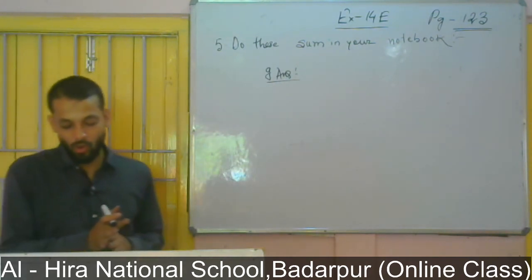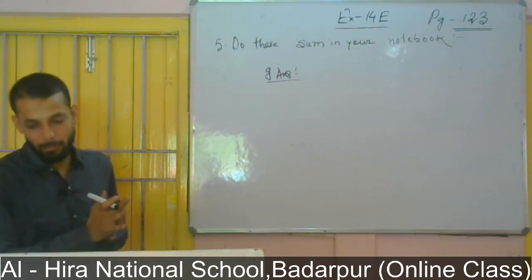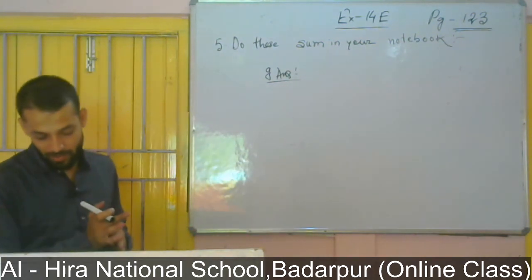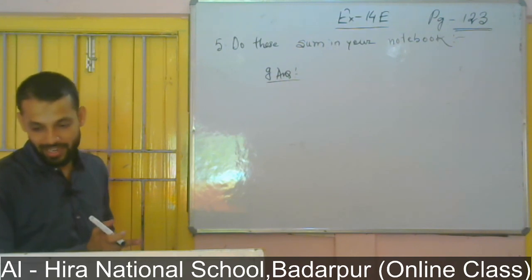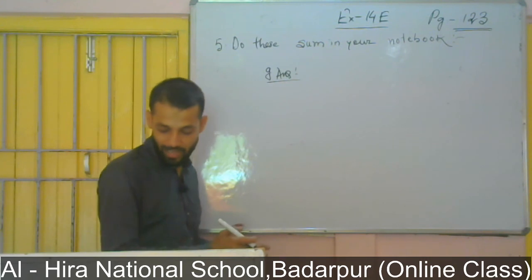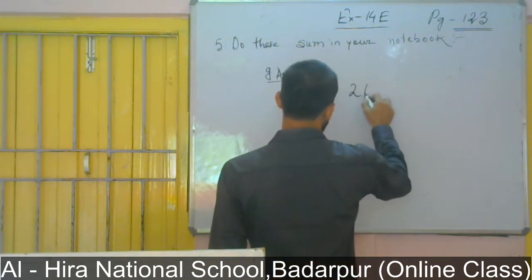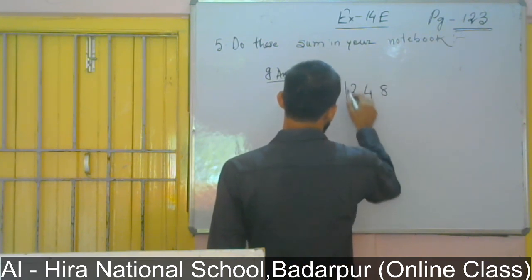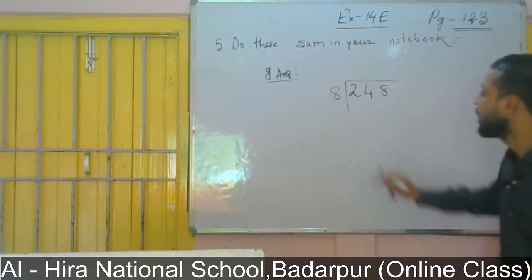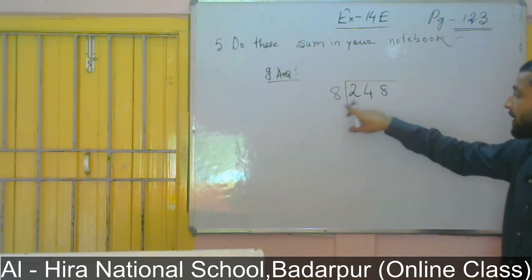So what we have to do? We have to divide 248 by 8. When we divide 248 by 8, we will get the number of children in the group. First of all, we are going to divide 2 by 8, then 4 by 8, then 8 by 8.